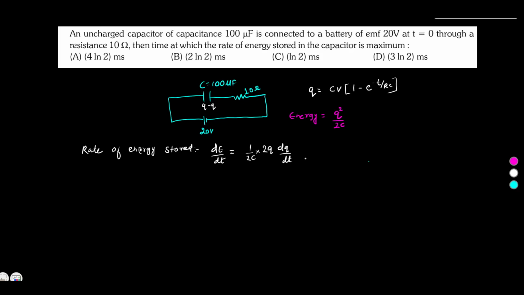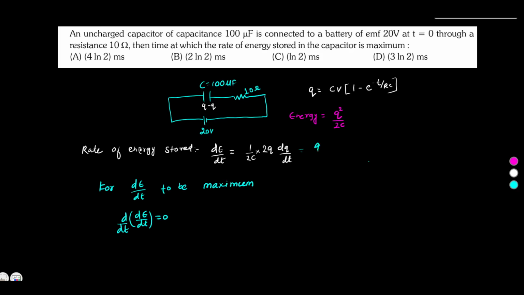For dE by dt to be maximum, d of dE by dt must be equal to 0. So if I differentiate this function again, let me simplify this.